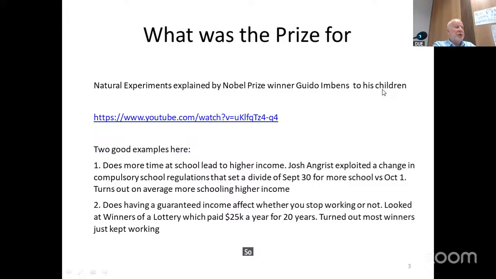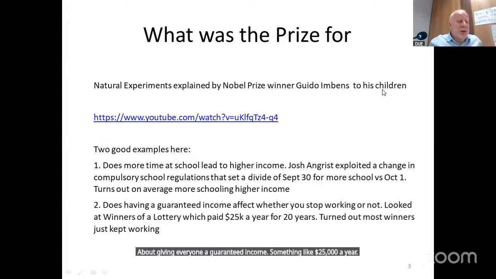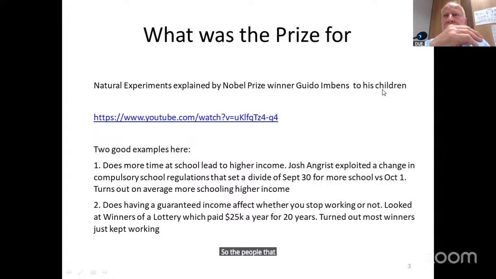So one of the examples is there's often talk in the Western world about giving everyone a guaranteed income, something like 25,000 a year. The people in favour of it think it encourages innovation, right?